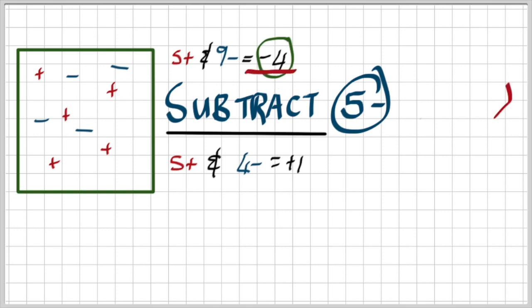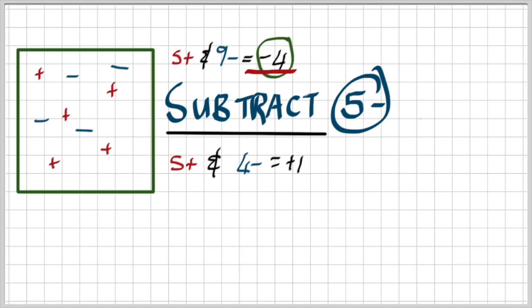Now I am subtracting negatives. Is my answer becoming more positive or more negative? Think about it. I'm taking negatives away. Think about taking ice out of water. Is your water going to become warmer or colder? It's going to become warmer.